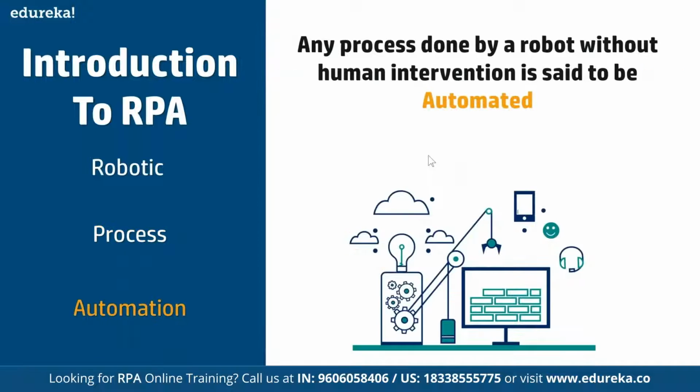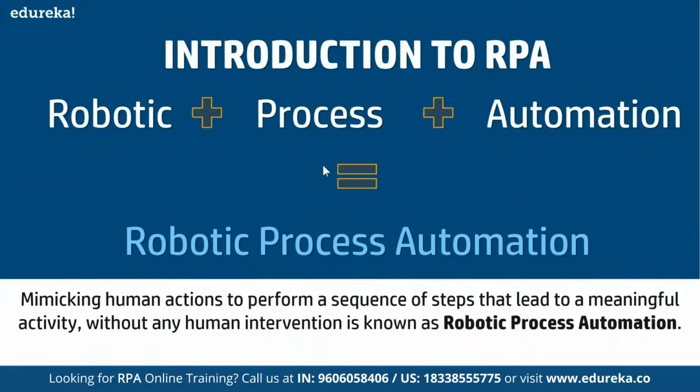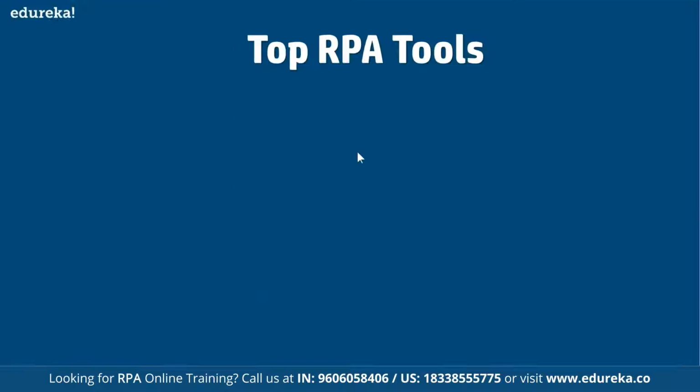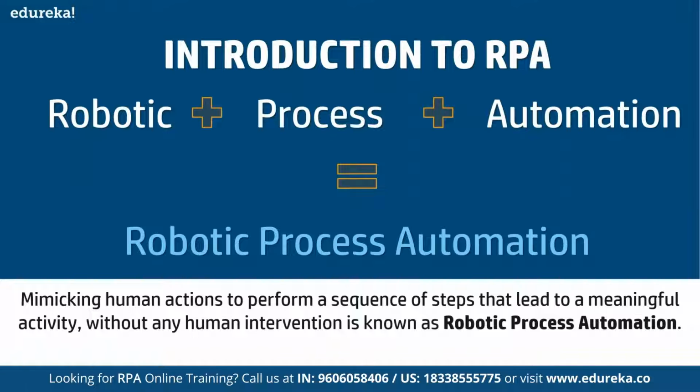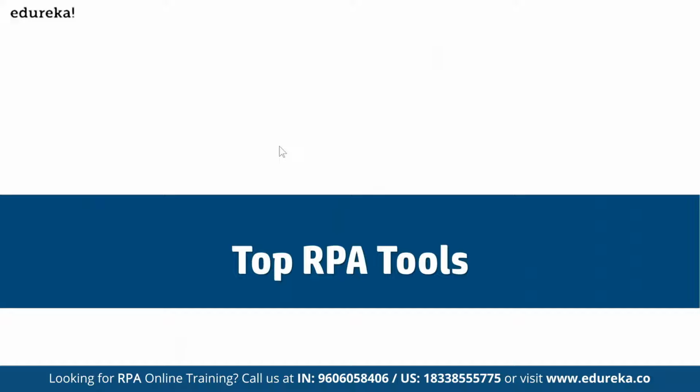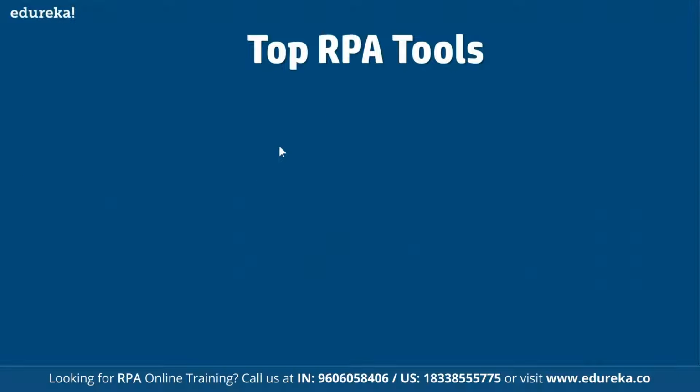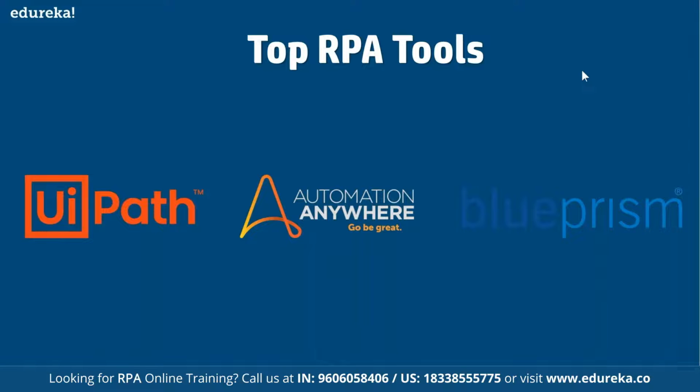That is what we call robotic process automation. If we combine these, we get the definition: it is a technology that is capable of mimicking human action to automate a process, using software robots.